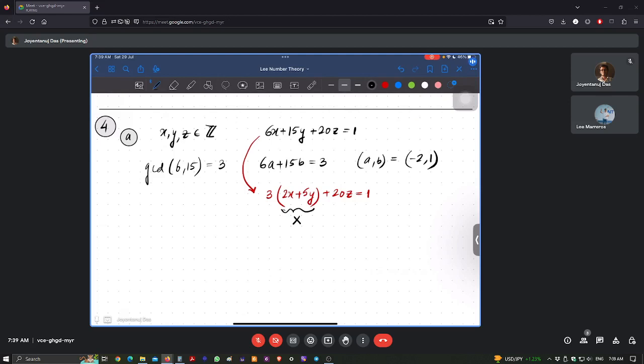So now I can reduce the equation to two variables. My new equation is 3x plus 20z equals 1.